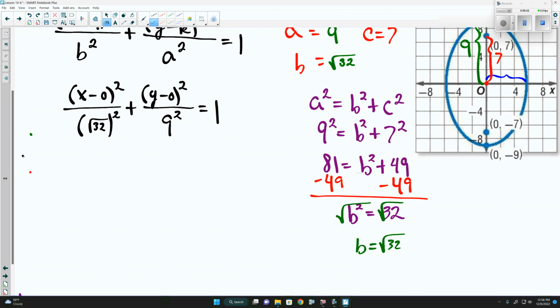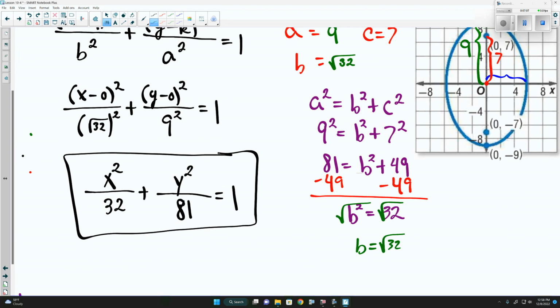Now we can simplify some of this because x minus 0 squared is just x squared. Square root of 32 squared is just 32. y minus 0 squared is just y squared. 9 squared is 81. And we have this here.